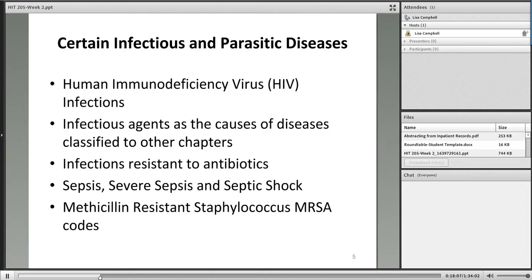Okay, so there are a bunch of other guidelines here for certain infectious and parasitic diseases. Unfortunately, during this setting, I do not have time to go through each and every guideline. That's what you are supposed to be doing on a weekly basis as you're reading your chapters and reading your guidelines.